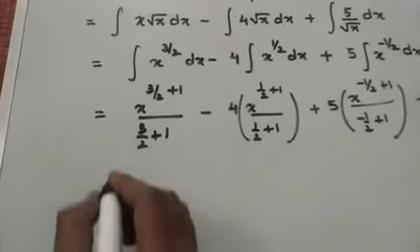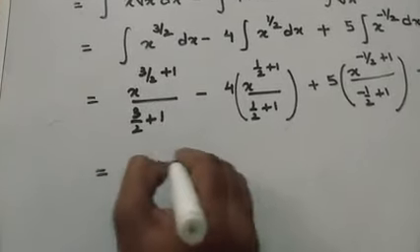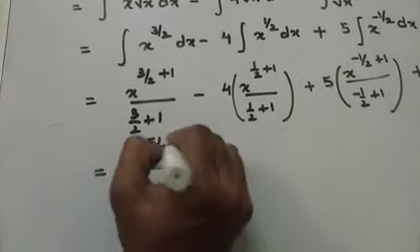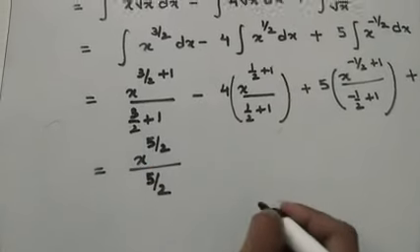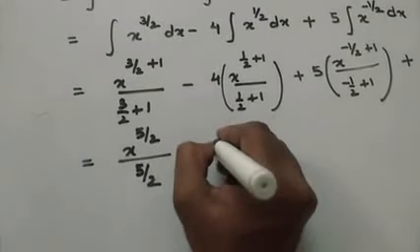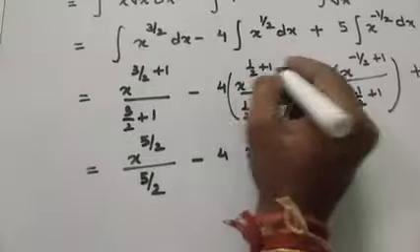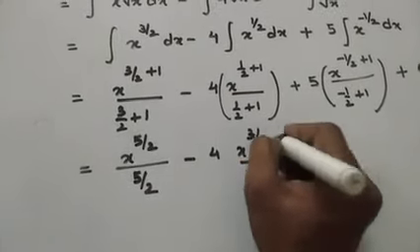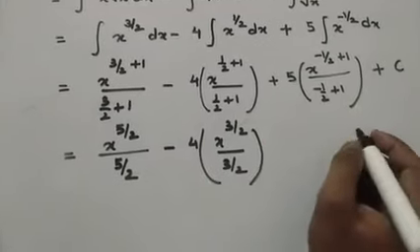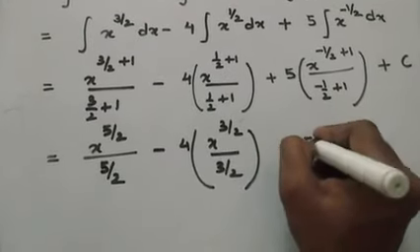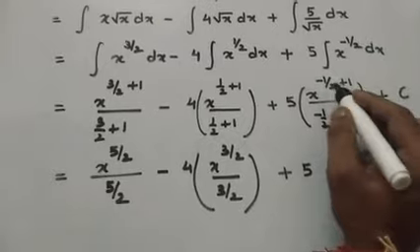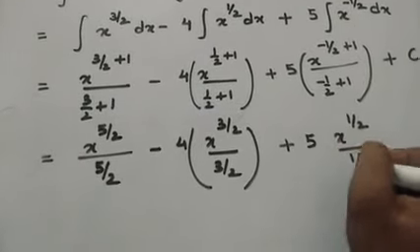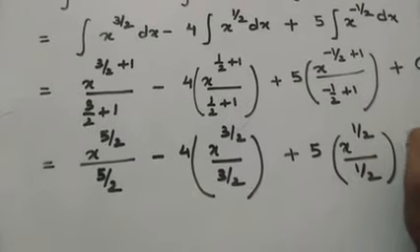Okay, 3 by 2 plus 1 is 5 by 2, so x to the power 5 by 2 divided by 5 by 2, minus 4 into x to the power 3 by 2 divided by 3 by 2, plus 5 into x to the power half divided by half, plus c.